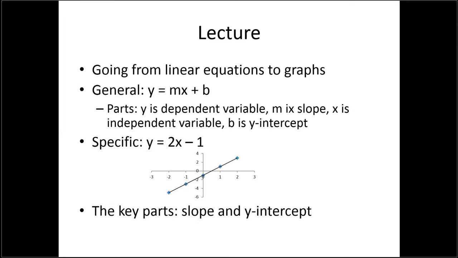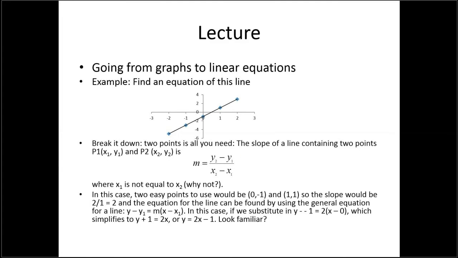As I mentioned, the key parts here are the slope and the y-intercept whenever trying to graph an equation. Sometimes we need to go the other way. On the prior slide, we went from equation to line. Sometimes you want to go from line to equation.